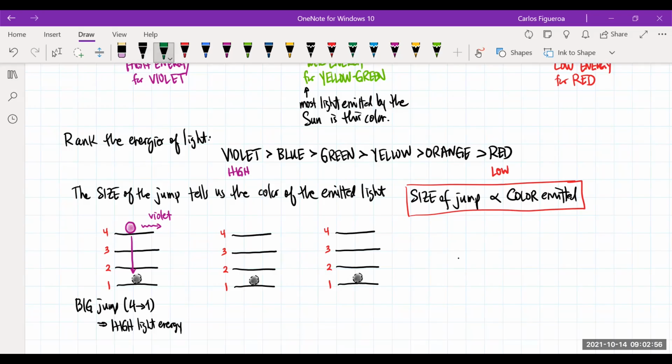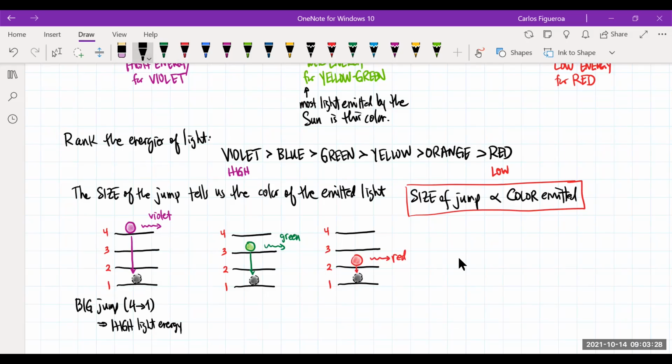But let's say we have an electron like this, which then goes all the way down to here. Well, because this is sort of like a mid-sized jump for this atom, then it's going to emit green light. Or if I have an atom that's only right here, it's going to emit lower energy light, which is like red in this case. Right?